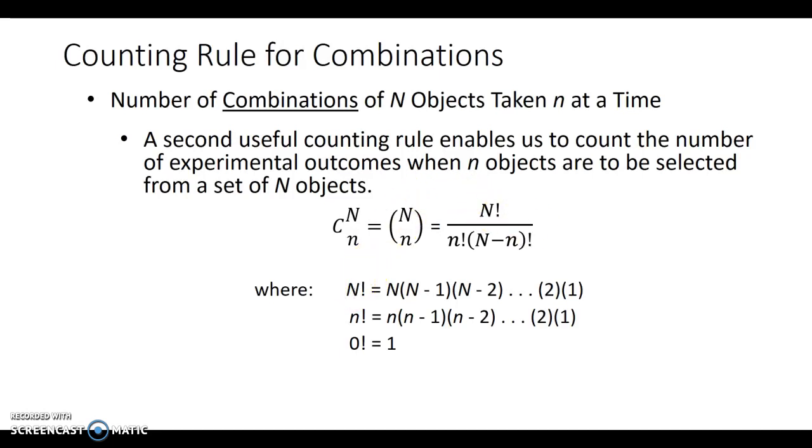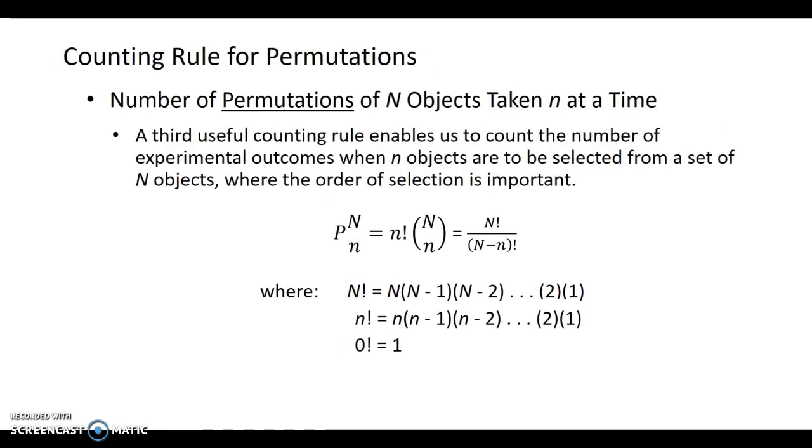Now remember, combinations, we do not care about the order the items are selected in. If we do care about the order the items are selected in, then we have what's called a permutation. So here, if I pick a blue shirt out and then pick a green shirt, that's not the same as picking out a green shirt then a blue shirt.